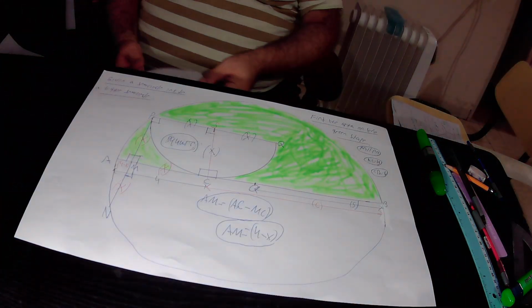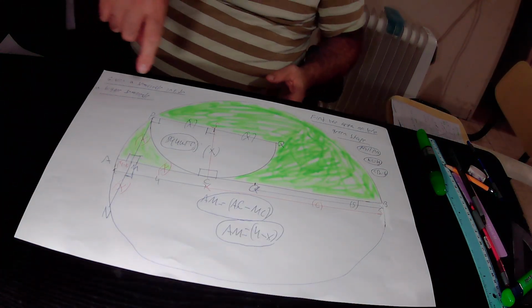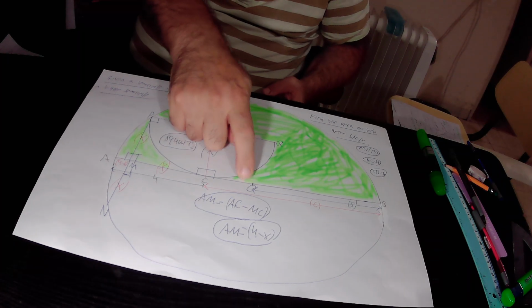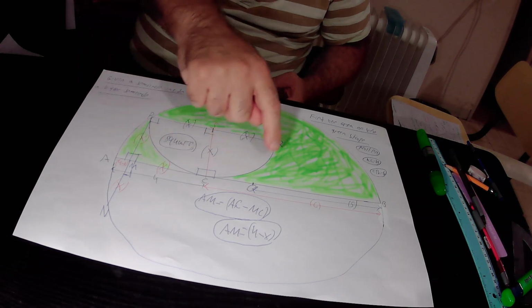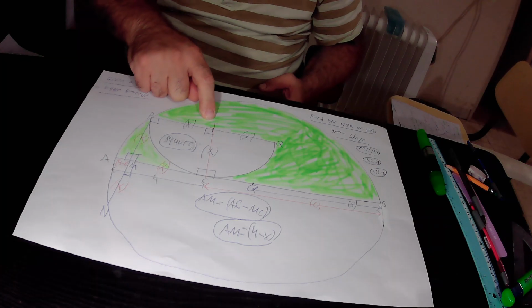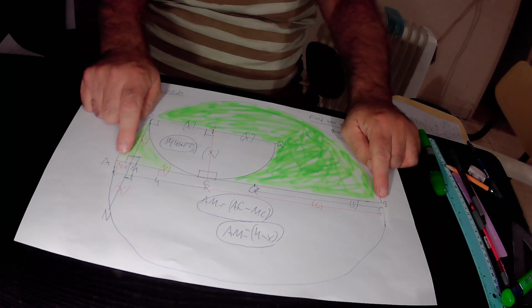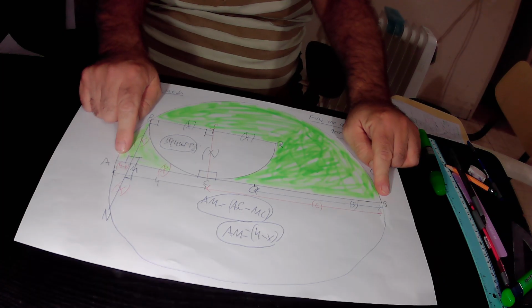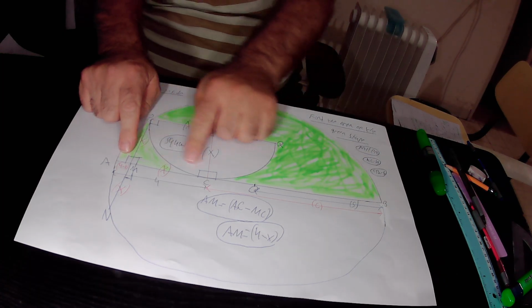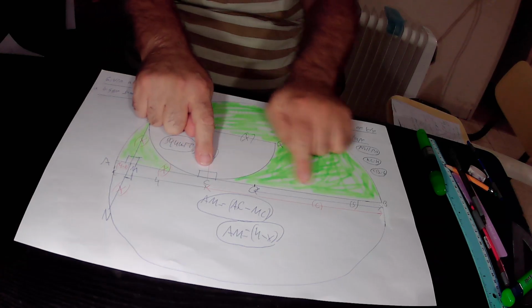In the first step, we define the center of this big semicircle, this point, as point O. We define the center of this small semicircle, this point, as point S. AB is the diameter of this big semicircle. AB in total equals AC, that is 4, plus CB, that is 6.